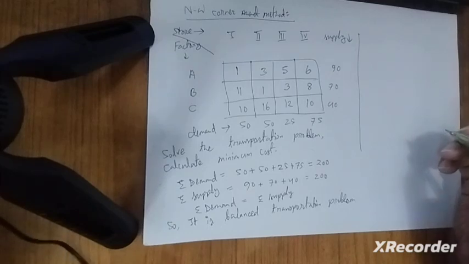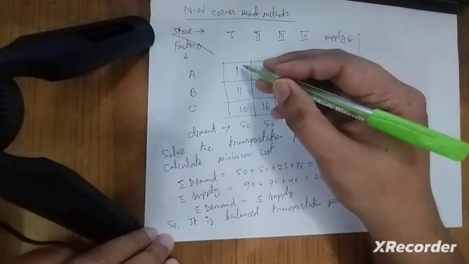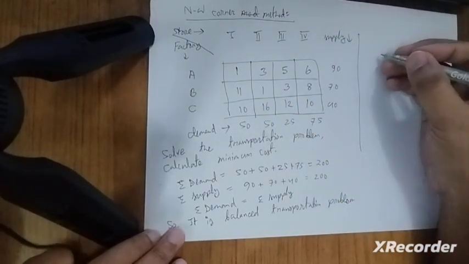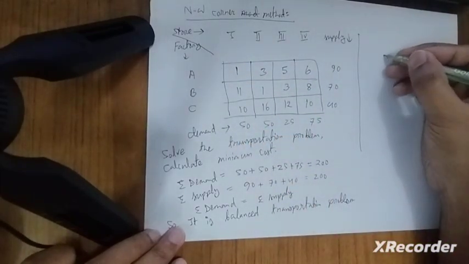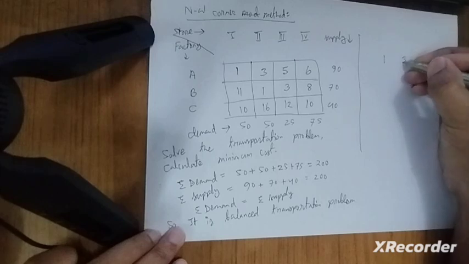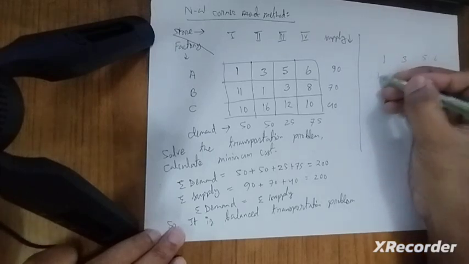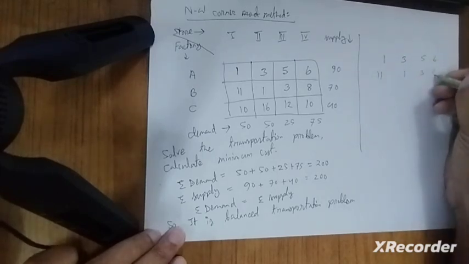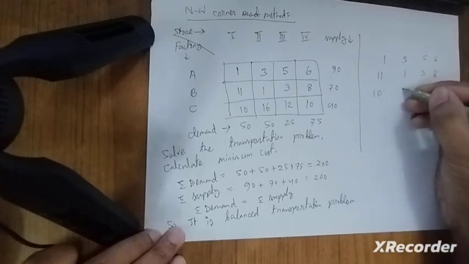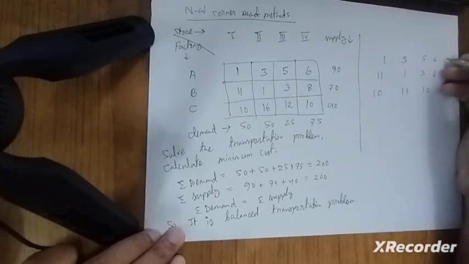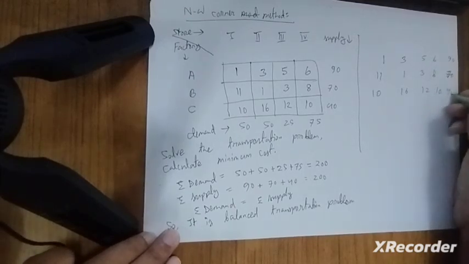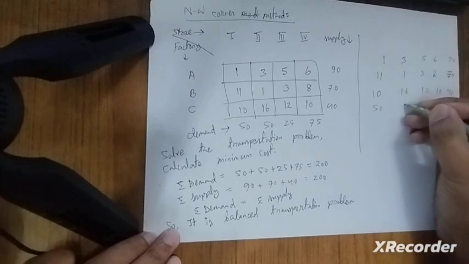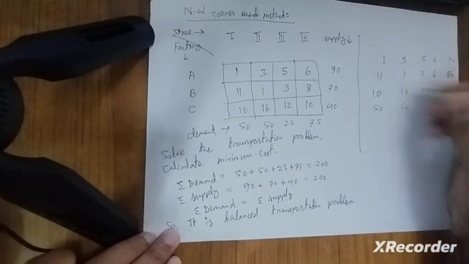In the next step, we go to the northwest of our data. Just take the cost matrix: 1, 3, 5, 6, 11, 1, 3, 8, 10, 16, 20, 10, with supply 90, 70, 40 and demand 50, 50, 25 and 75.